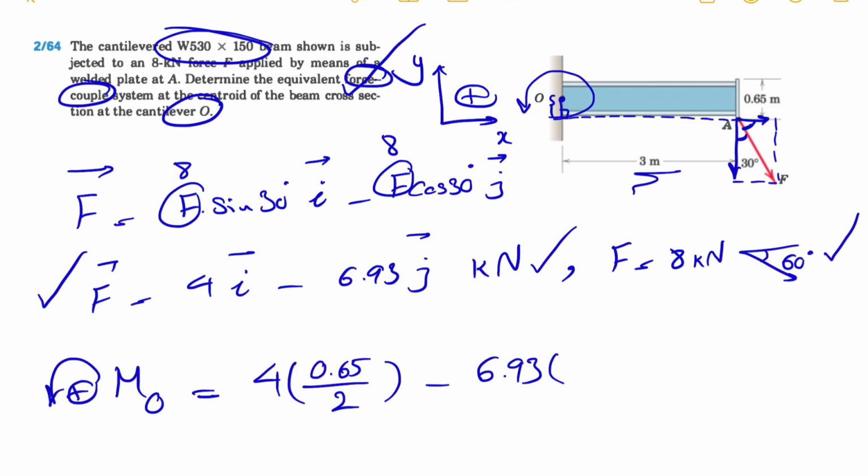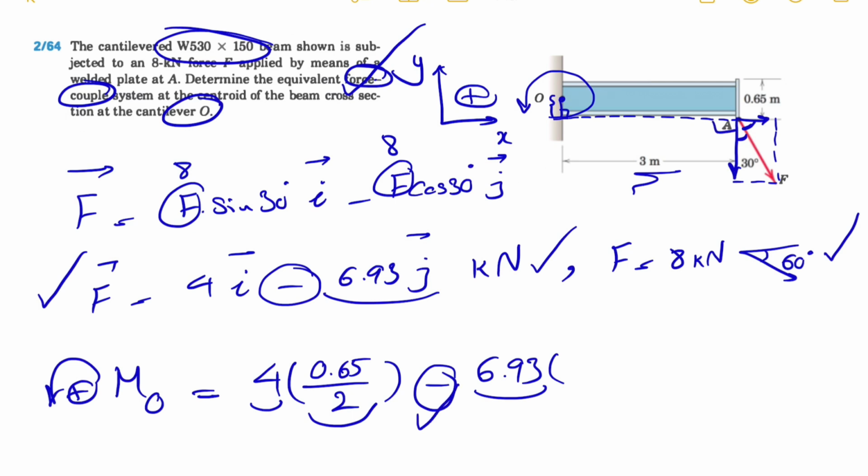One quick note: since the Y component is negative, we don't need to get confused by the negative sign. We're just going to put the absolute value of the F and our distance vector, and the sign is determined by the direction of the moment. Counterclockwise positive, clockwise negative. So for F and R, here again, we just put the absolute value 6.93, and the negative sign is because of the clockwise moment.